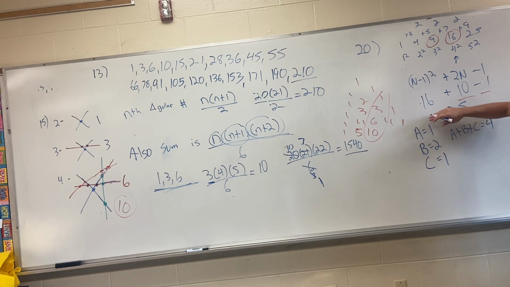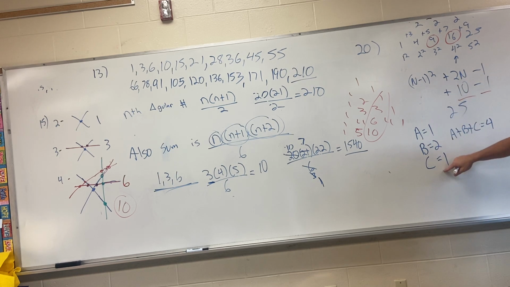It was n minus a, so a is 1, plus b times n, b is 2, and then minus c, c is 1, and I asked you to add up those numbers, and that was 4. Weird problem, but fun problem.